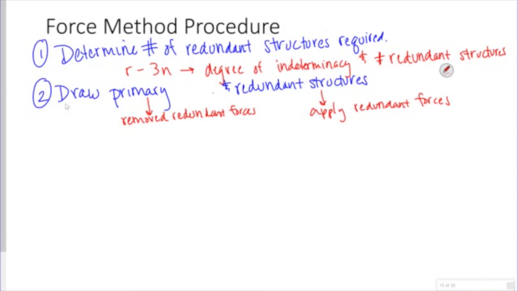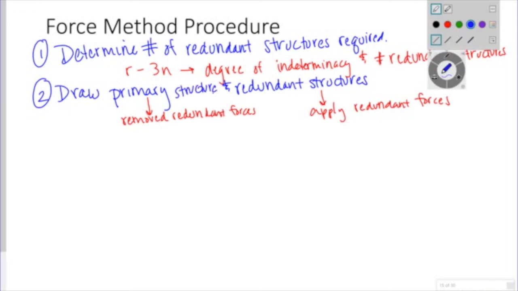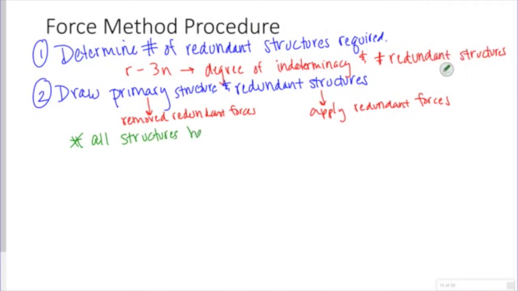Primary, I guess I should say structure here. And remember, all structures have the same boundary conditions. Right?